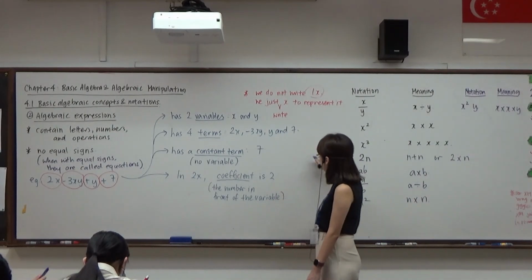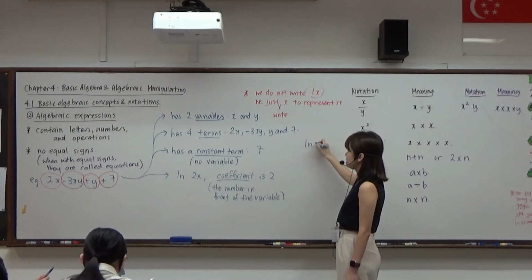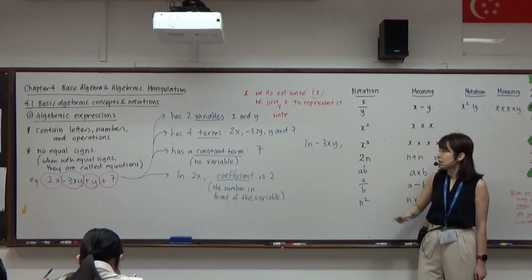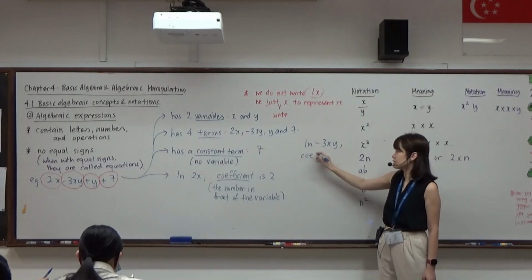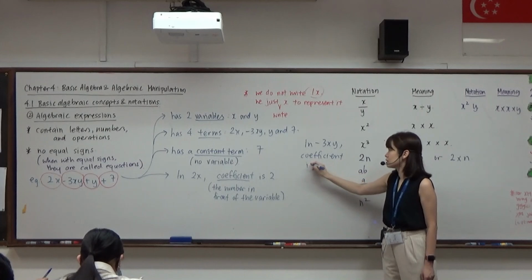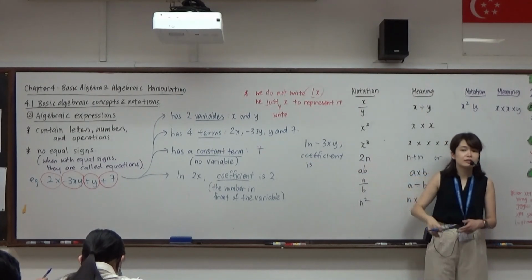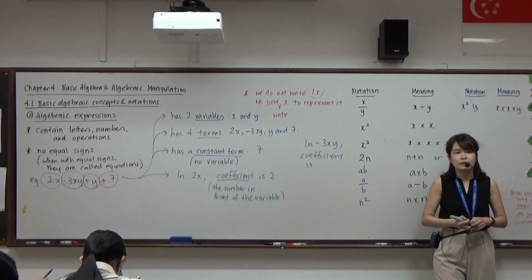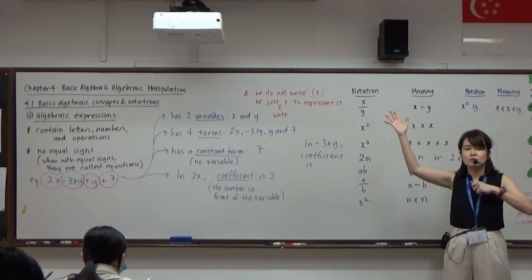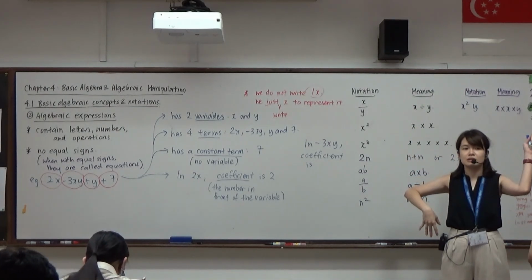To extend this, if I talk about negative 3xy, coefficient, what do you think it is? What is the coefficient in the term negative 3xy? Who says that it is 3? Who says it's negative 3?